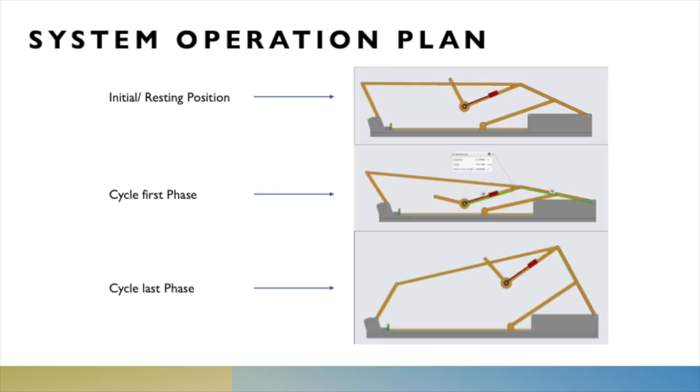In the next slide, we can see the system operation plan of the motion cycles of the device. The first figure is demonstrating an initial or resting position. This is the position in which the patient will find the device before starting the cycles. Then we see the cycle's first phase.